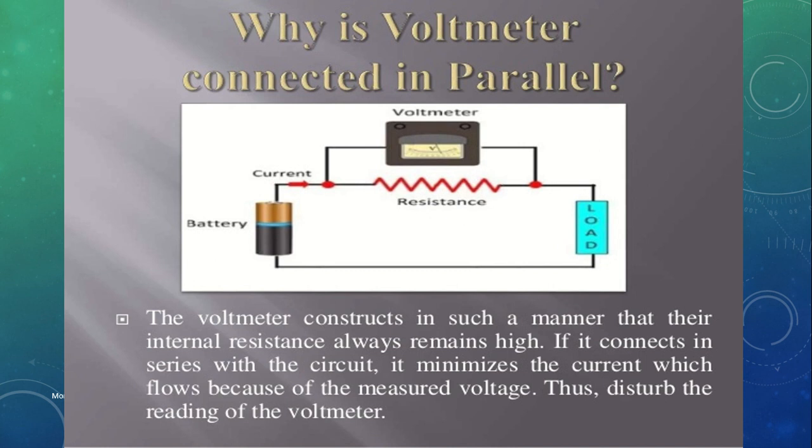Any measuring device which is connected either in parallel or series should not alter the whole circuit. The only duty of the measuring instrument is to measure and give the value. It should not alter the other functions of the circuit. So voltmeter is always connected in parallel with the circuit, because if it is connected in series, it minimizes the current.